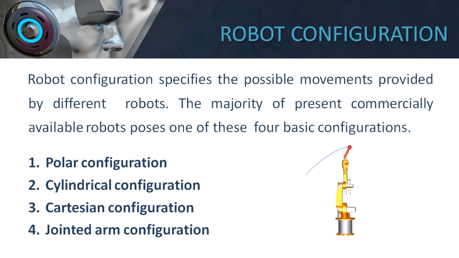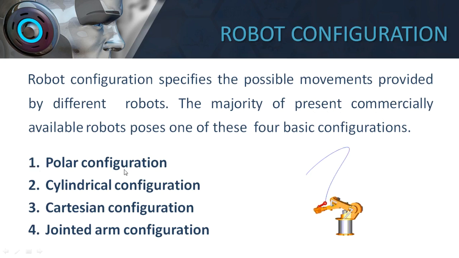So robot configuration specifies the possible movements provided by different robots. There are different robots used for different applications. There are defense applications, there are applications for domestic purposes, there are industrial robots. So you have configurations for different purposes. The majority of present commercially available robots possess one of these four basic configurations that we are discussing today. What are they?